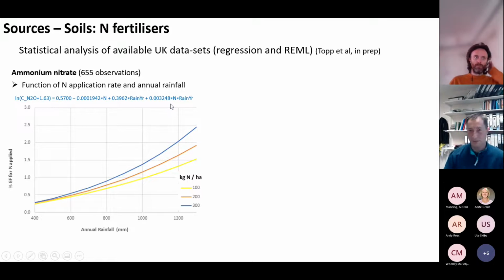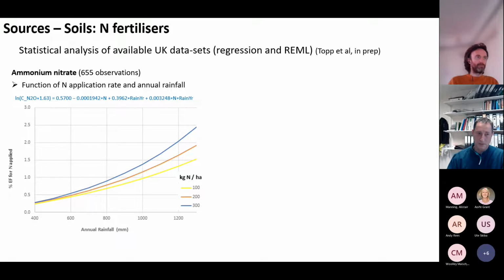So looking specifically at the different fertilizer types, we have ammonium nitrate. We had over 600 observations there, and Kirsty Top, SRUC, took all the data and did a regression and a REML analysis on this, trying to see what the emissions were sensitive to.